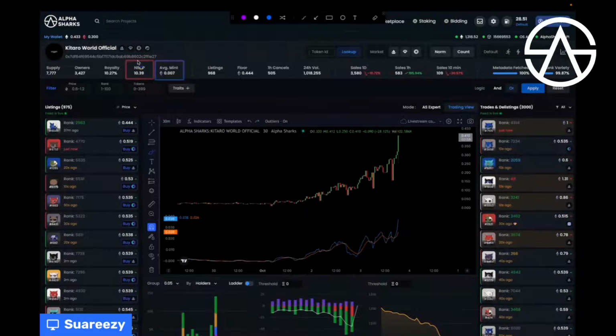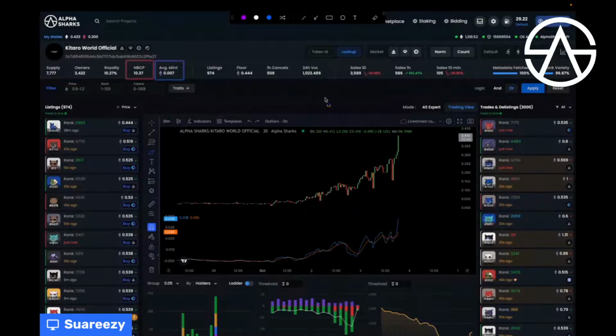You have a higher probability of getting people with actual ETH to come into the project. If there's some type of catalyst event or projects shilling the project, this number can start to rise over time, and you can see how that affects price action as well.